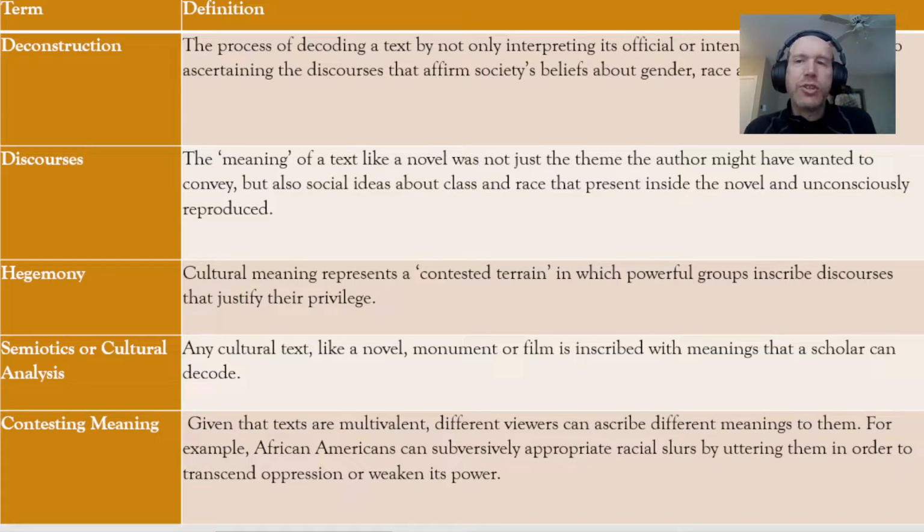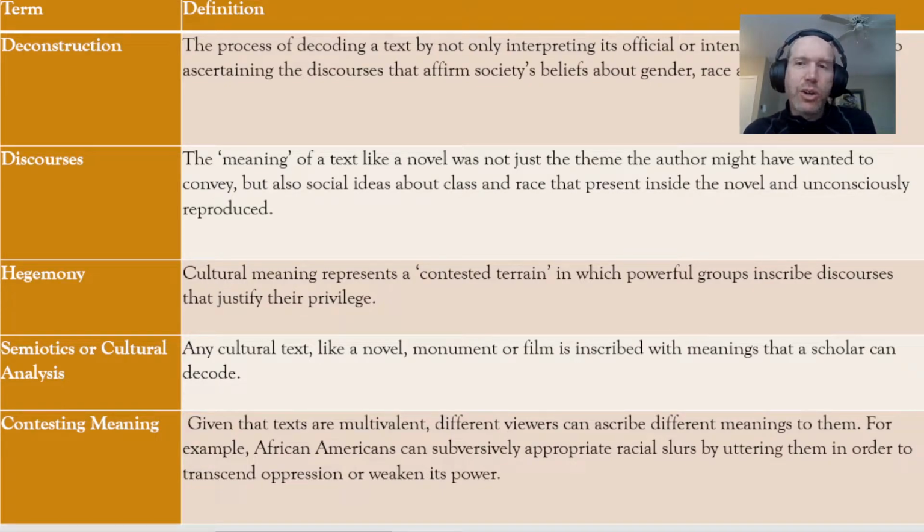Hegemony is essentially this term that we looked at earlier from Antonio Gramsci, and this is the idea that elites create cultural texts, films, propaganda films like Der Ewige Jude as a means to persuade the audience about their viewpoints.